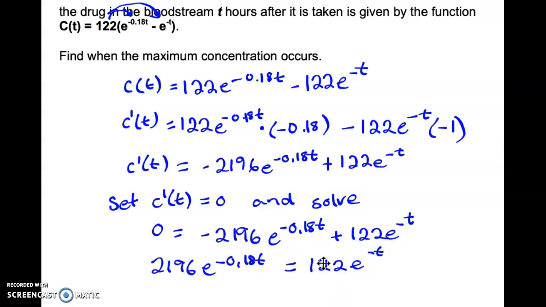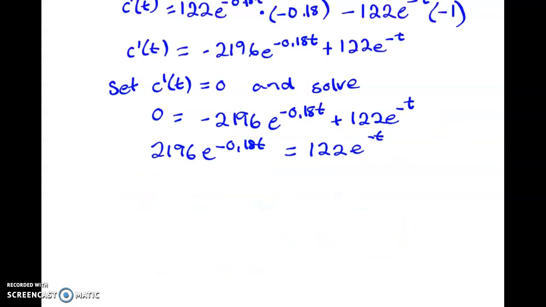We are going to want to get all the numbers on one side and all the e terms on the other side. So we can divide both sides by the 122, because that will cancel these out.